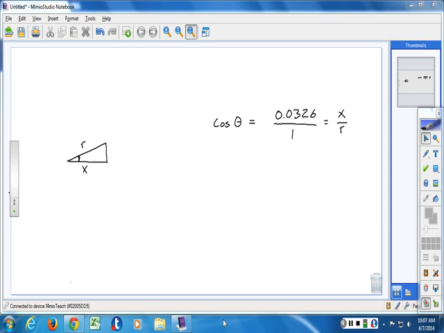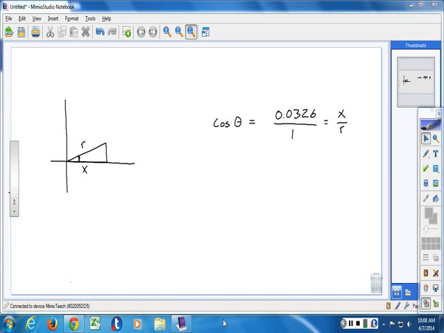I'm going to try to draw that, but what's that going to look like? If our radius is 1, to get the x to be 0.0326, that's not 0, but it's getting pretty close to 0, and the r is 1, what's that angle going to have to be? Really large or really small?